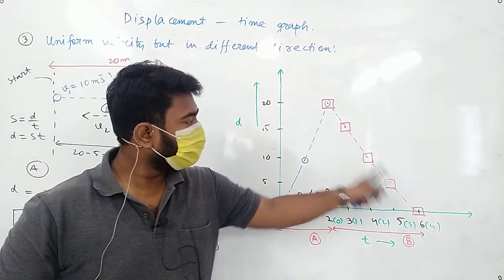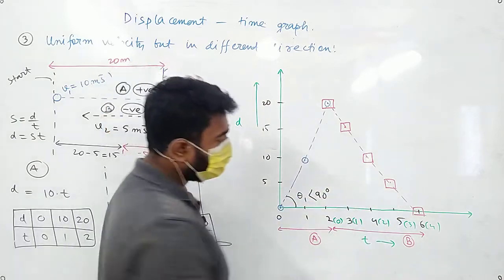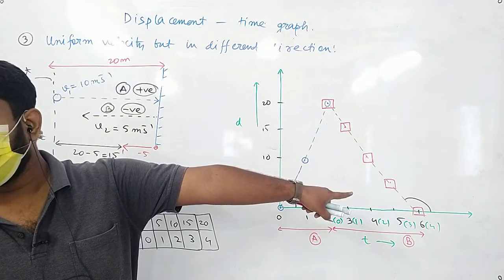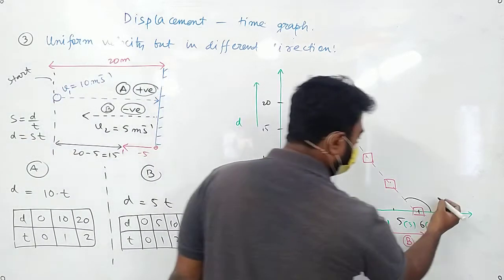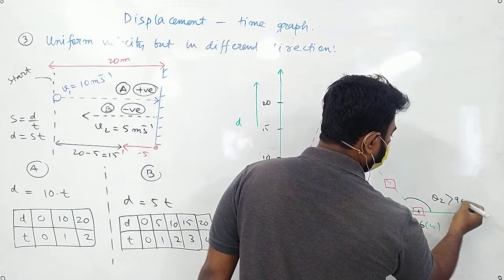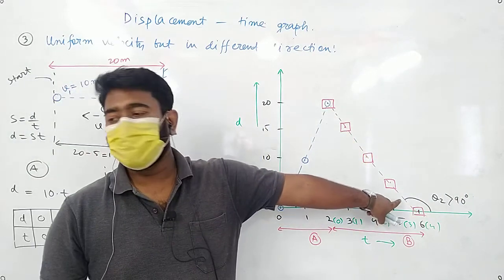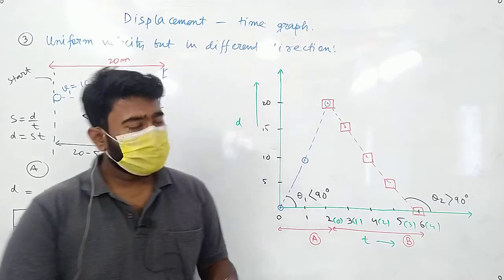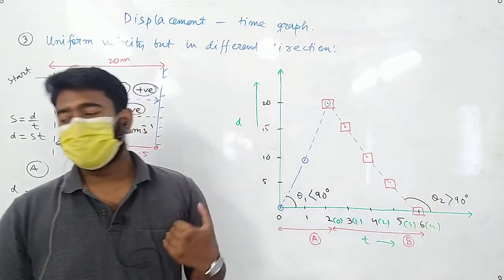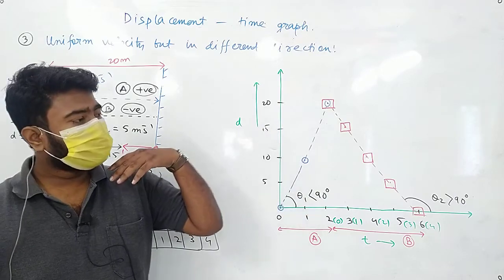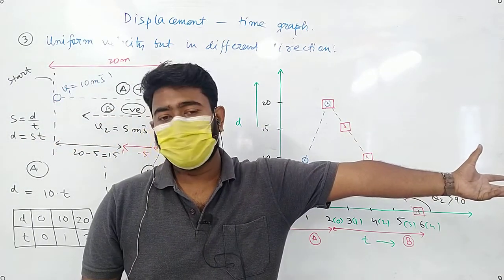What does this angle make with x-axis? See, it makes this angle. Is this angle greater than 90 degree? Yes. If I write it as theta 2, see, theta 2 greater than 90 degree. Is the idea clear? That means when the angle is obtuse, it means that the object is moving in the opposite direction. When the angle is acute, it means that the object is moving in the positive direction.